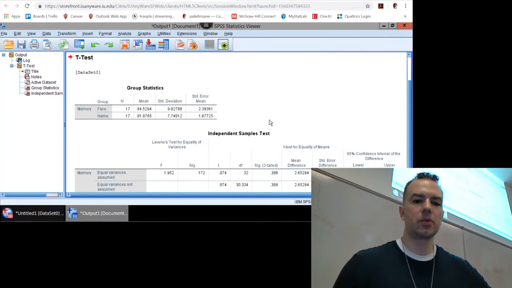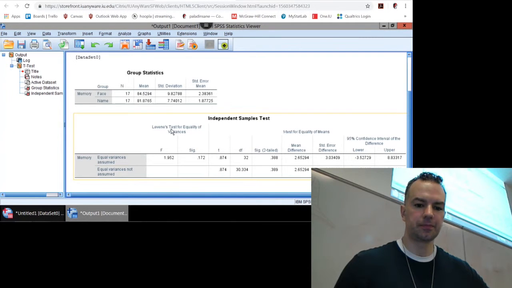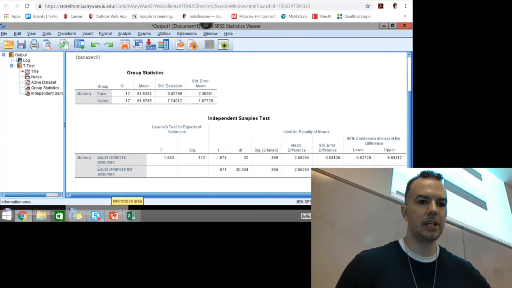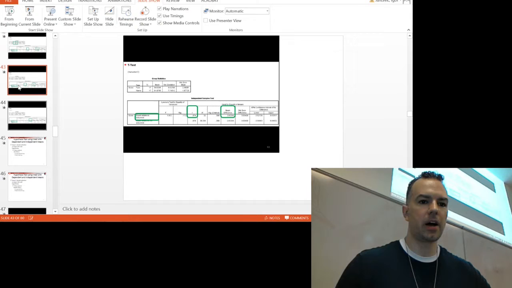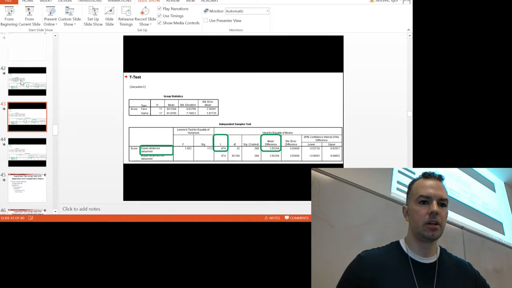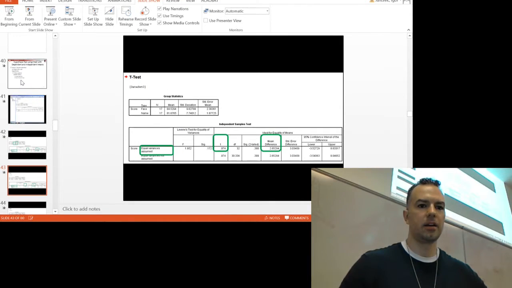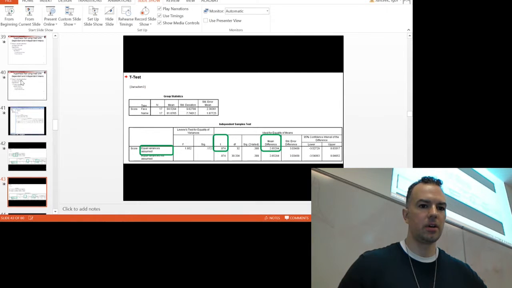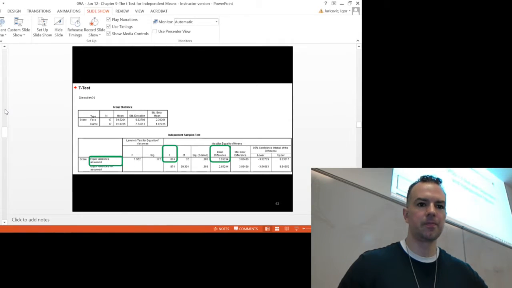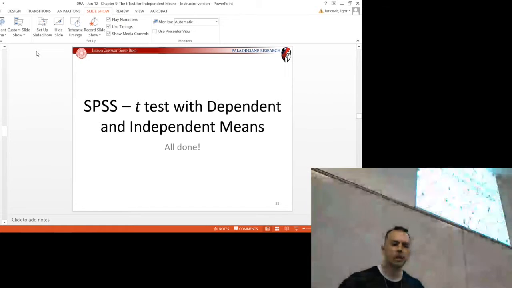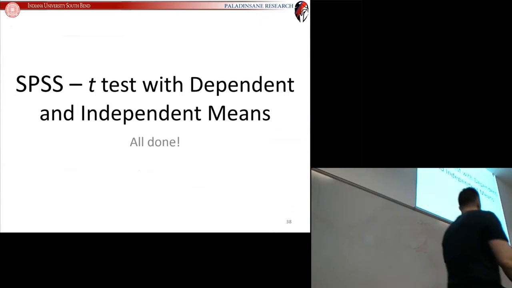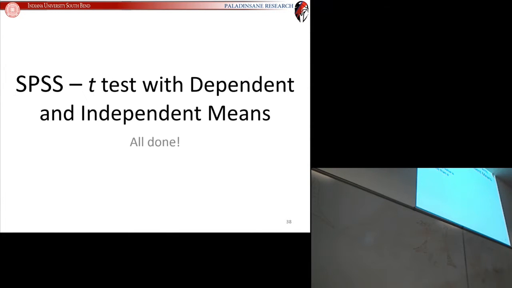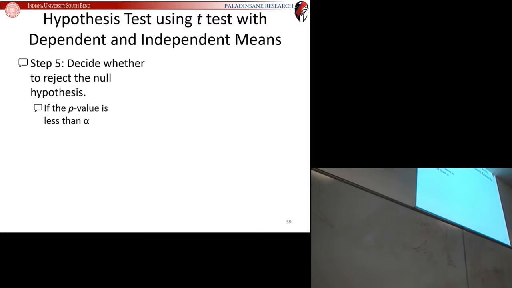So SPSS has run our t-test, and now we just need to know where to find that information so that we can do our final decision. All right, so we did our independent means t-test. Now we need to find out whether or not we're going to reject or accept the null hypothesis.